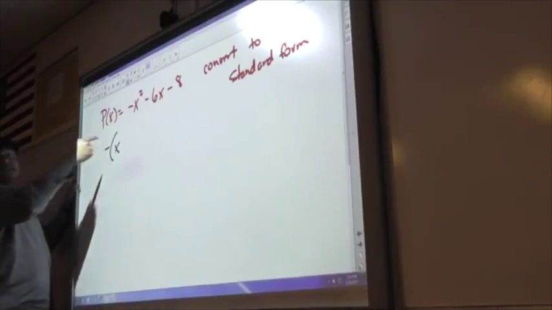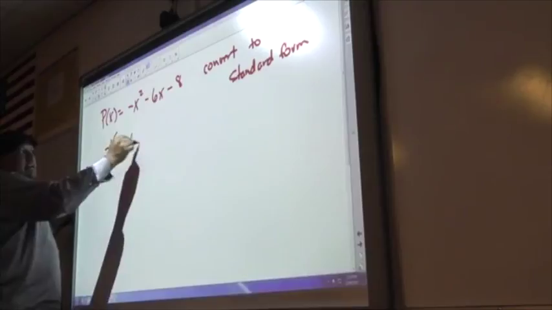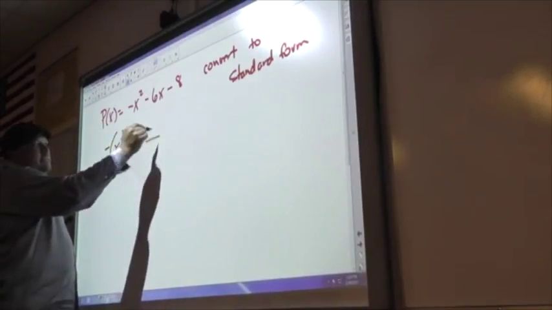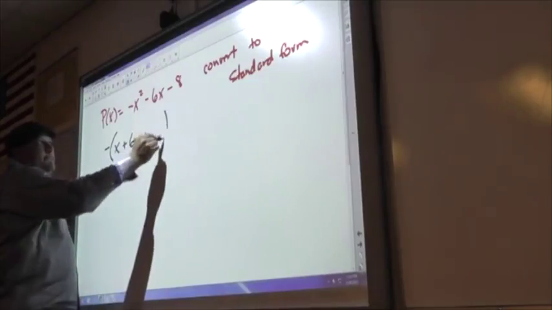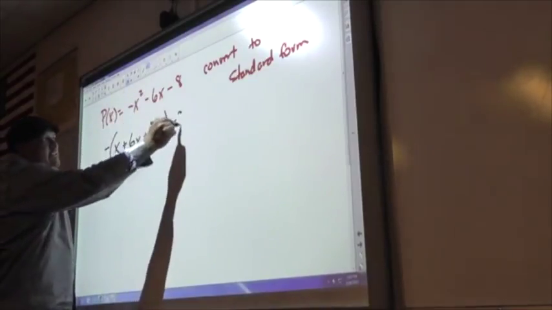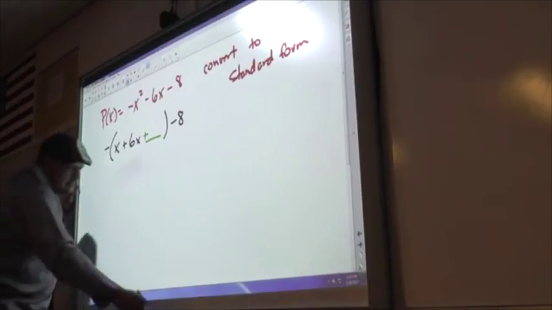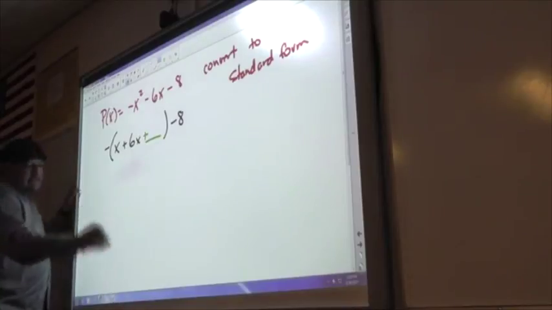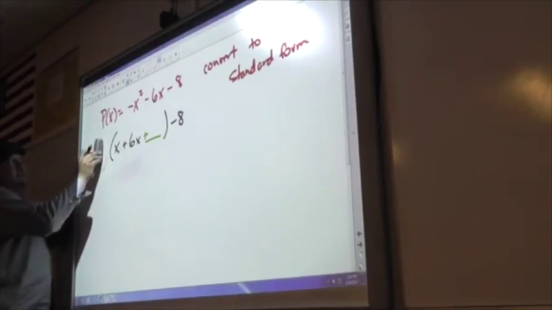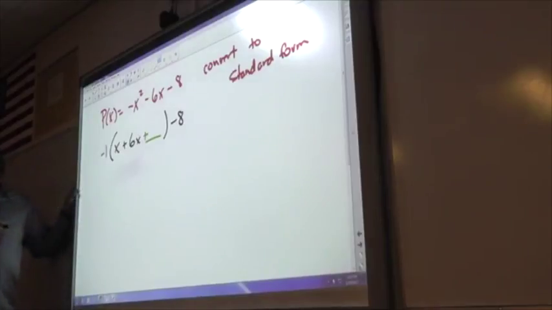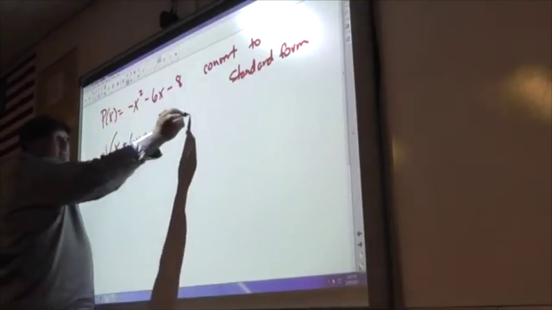Negative x squared plus 6x plus something minus 8. Now notice that this is a negative, right? So what I'm gonna do here is write this as -1, just to really stress this point. We're gonna call this -1, okay? So this is gonna be +1.